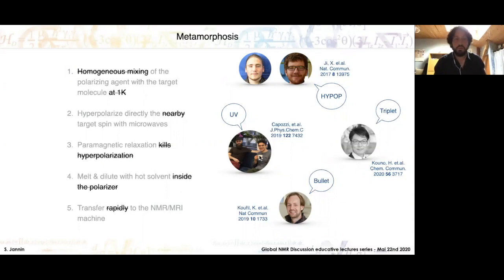I'll show you some of the work of Andrea Capozzi and Arthur Pinon from Jan-Henrik Ardenkjaer-Larsen's lab on UV-induced radicals, the bullet by Benno Meier, which was mentioned, where the sample is rapidly ejected from the polarizer, and I will briefly mention the work by Nobuhiro Yanai on triplet DNP on water.